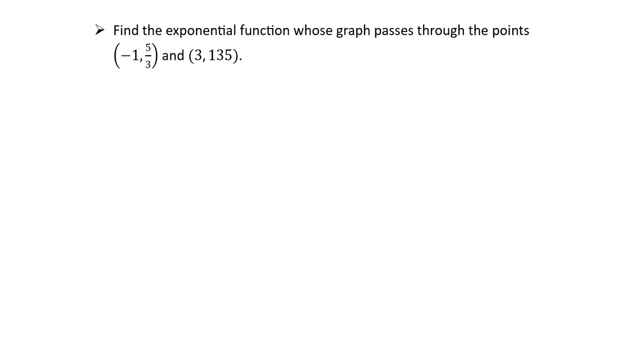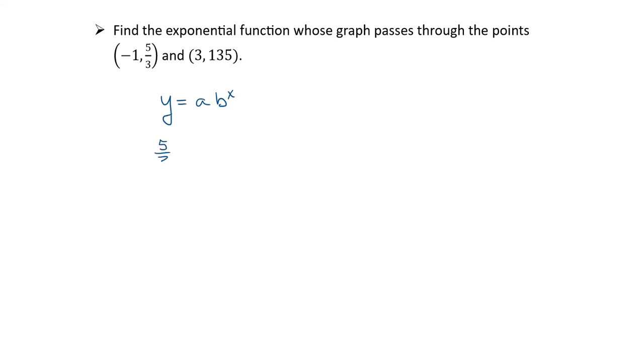Let's find the exponential function whose graph passes through the points -1, 5/3 and 3, 135. Let's start with our standard of y equals a b to the x. Now this is a little more difficult because they have not given me a point where the x is 0. So it gets a little bit more involved here. Let's go ahead and start though with this point of -1, 5/3.